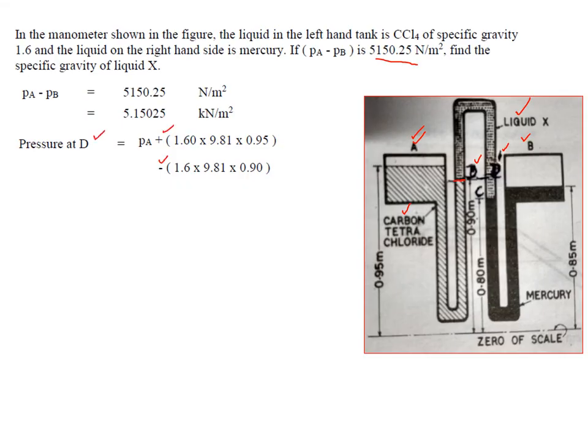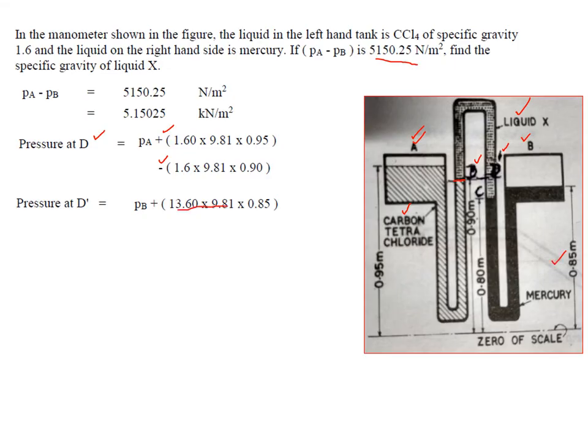Similarly, if you want pressure at D dash, you start from B, so pressure at B, that is PB. Now here it is mercury, and we are coming down, therefore pressure increases, so plus sign, 13.6 into 9.81 into 0.85. This distance is used.